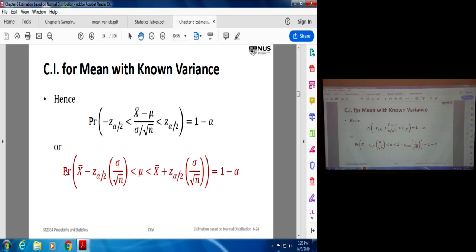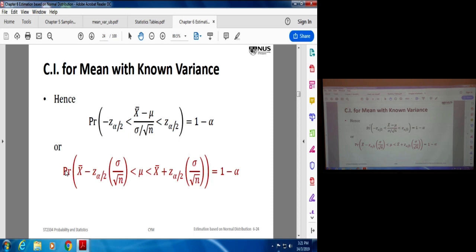If you have forgotten this notation, let me remind you what these numbers z alpha over 2 and minus z alpha over 2 are. Remember that the Gaussian distribution is a symmetric bell-shaped curve. The PDF looks like this: we have the random variable, let's call it Z, and this is the PDF f_Z of z.